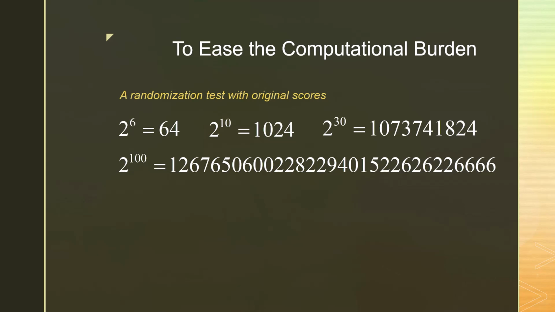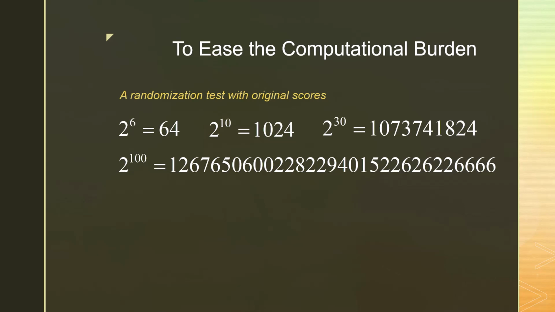In fact, if we want to calculate the test statistic for all the possible sequences with original scores, and there are this many sequences that we need to not only figure out, but then calculate the sum of the positive scores as our test statistic and store those and keep track of whether there's any duplicates, it's easy to realize that unless you have access to one of the world's most powerful supercomputers, this is going to be outside of our reach.